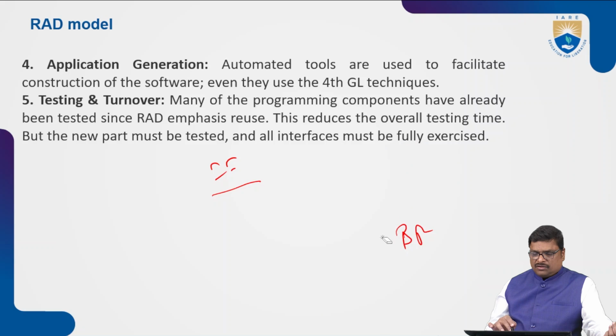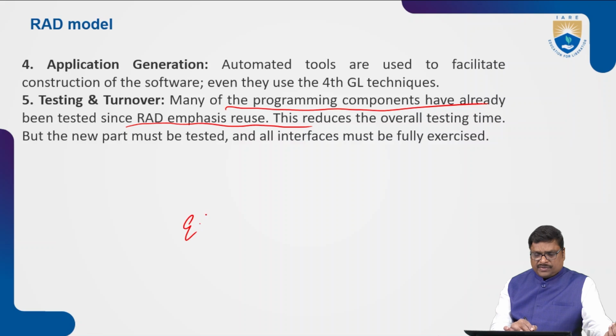Then testing. Ultimately, the last step in the RAD model is testing. We have to test the programming components. We have to see the expected behavior that is mentioned in your requirements, and test whether the generated application behaves as per that expected behavior.